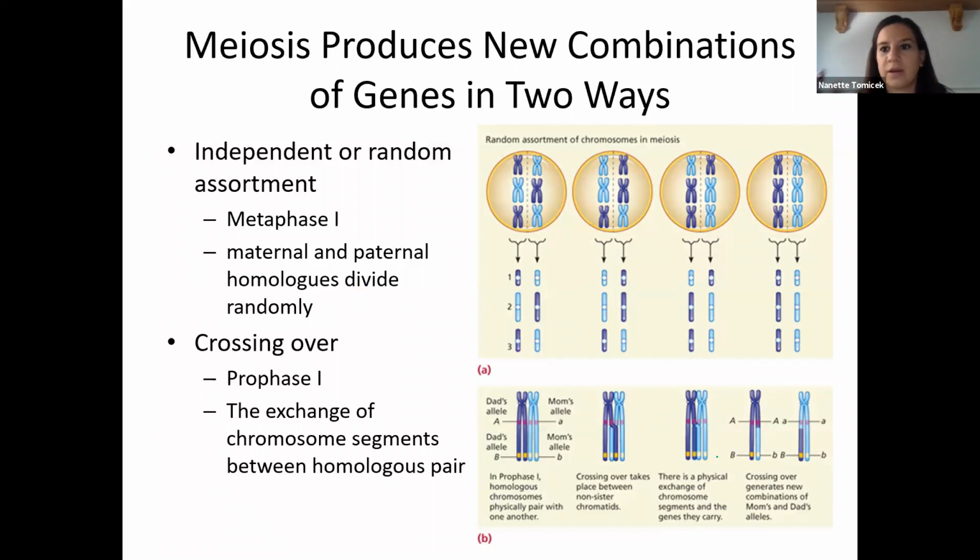Okay, so again, there are really two big ways that we get variety. I've already indicated that, but if we need it to be spelled out just one more time, let's clearly state that. Again, we have this idea of random assortment. And now the chromosomes are not blue and orange, they are blue and purple. So again, they are color-coded to indicate one is coming from mom and one is coming from dad.